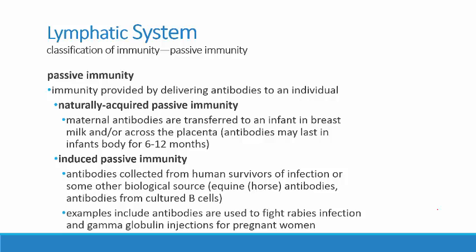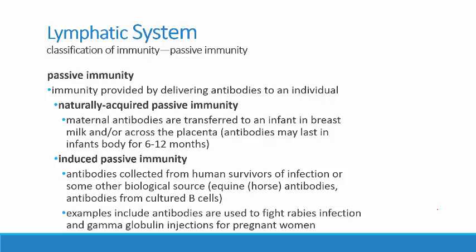Or we can use antibodies collected from other biological sources, like from horses or from B cells that are maintained in culture. So we somehow get a hold of antibodies against whatever the antigen is that we're trying to protect the person from, and then deliver those antibodies into that person's blood or lymphatic system.